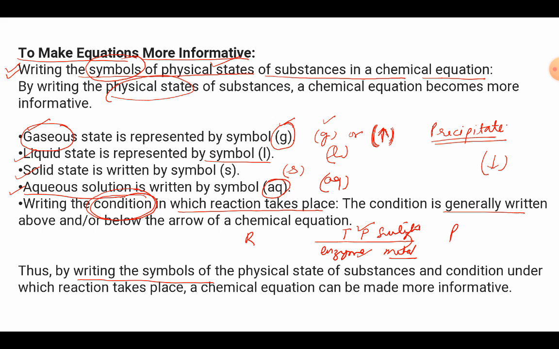Thus, by writing the symbols of the physical state of substances, that is solid, liquid, gas, aqueous, or precipitate, or the conditions like temperature, pressure, sunlight, enzyme, specific metal, under which a reaction takes place, a chemical equation can be made more informative. For example, I'll discuss a few examples with you.